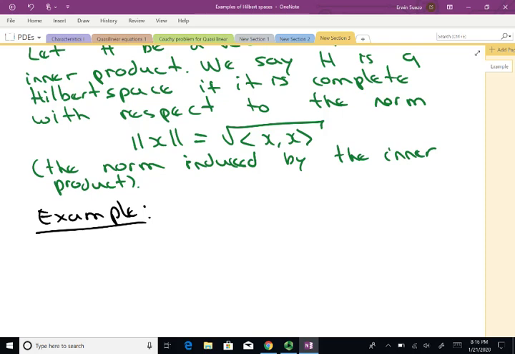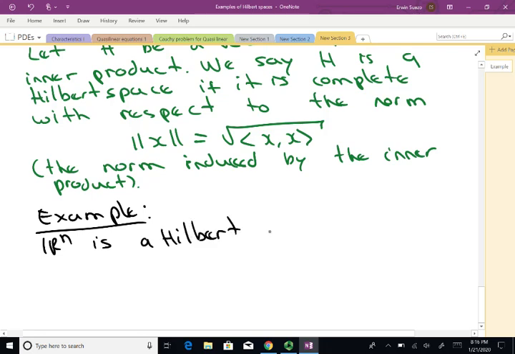Okay, so Rn is a Hilbert space with respect to the usual inner product.